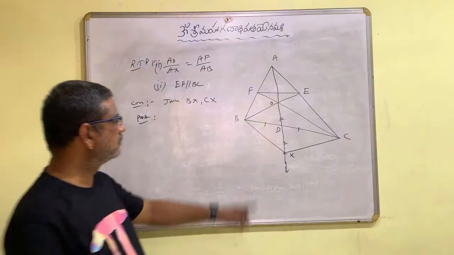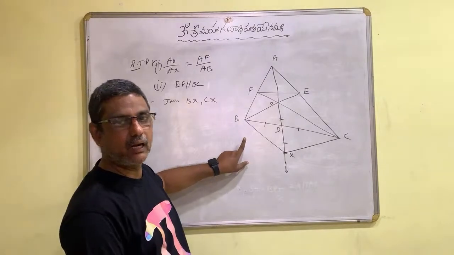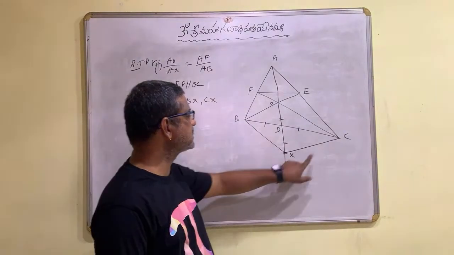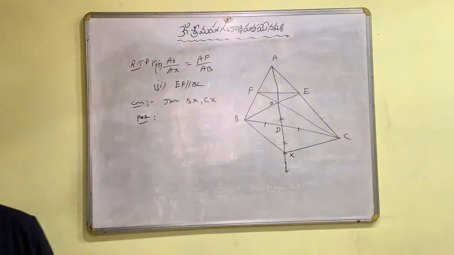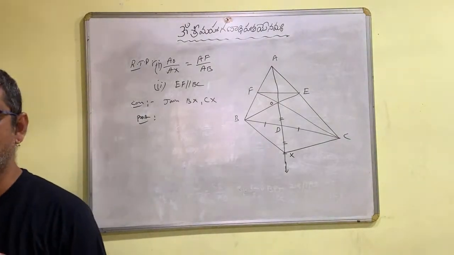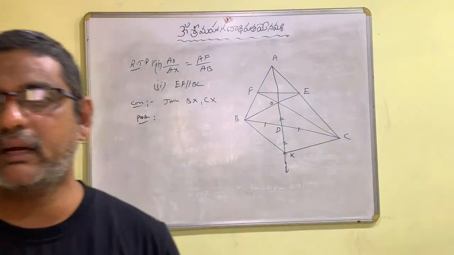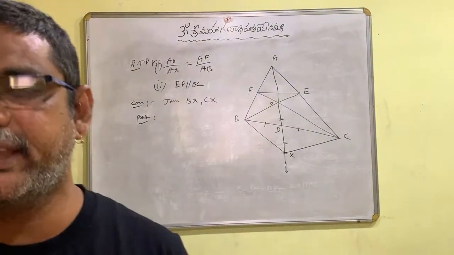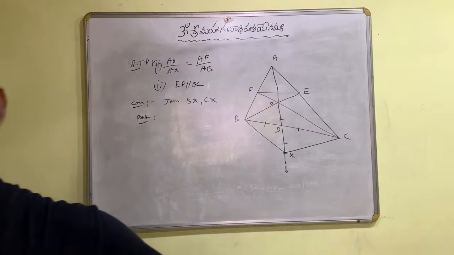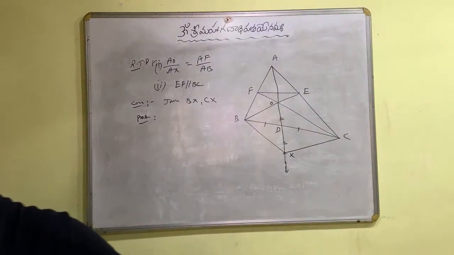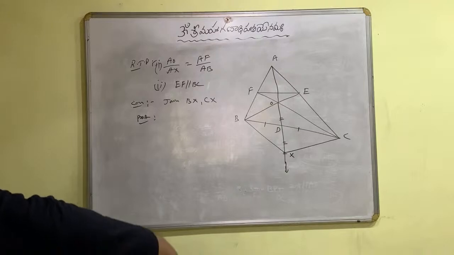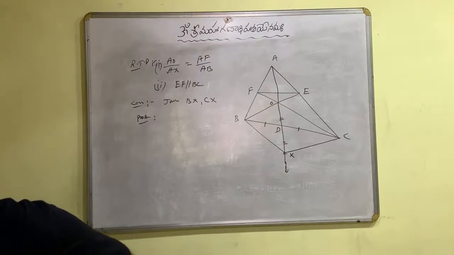Now, we got a quadrilateral here, BXCO. What can we call quadrilateral BXCO? Rhombus? Shyam?